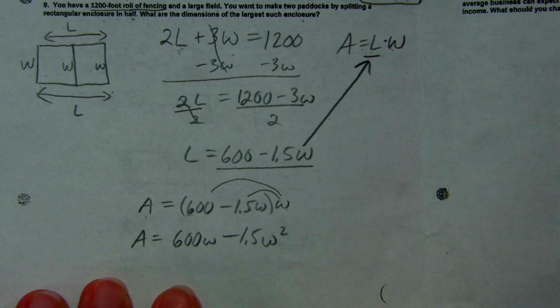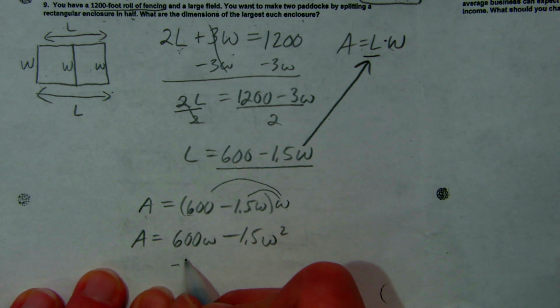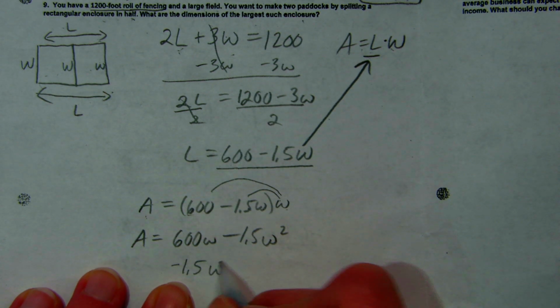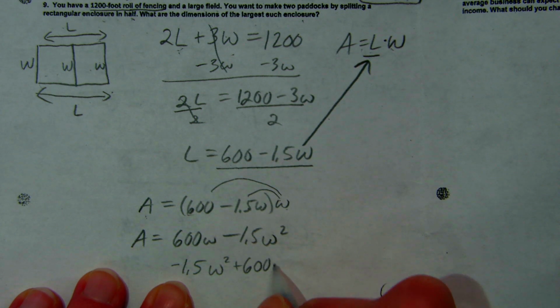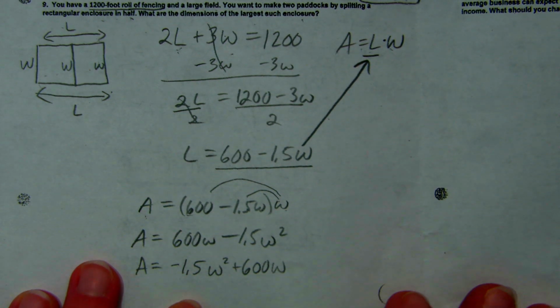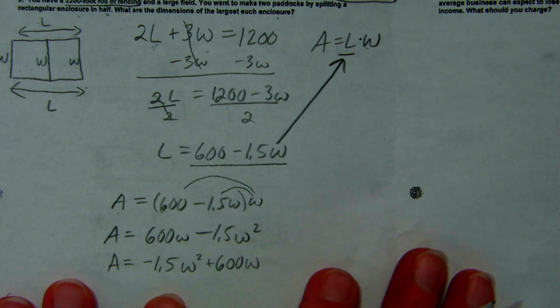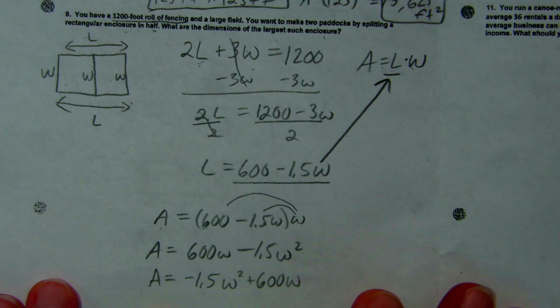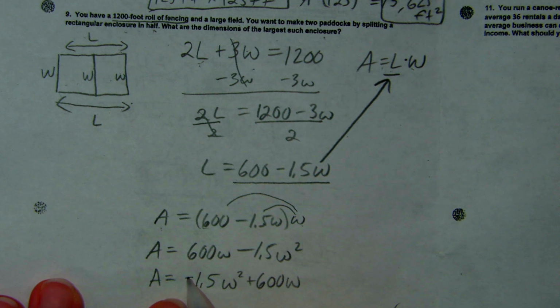And we usually see this the other way. So if you want to rearrange it and make it negative 1.5W squared plus 600W, you can, because then you have them in the order that we're accustomed to. If I'm going to maximize the area, this parabola opens down. We know that because this first term is negative.